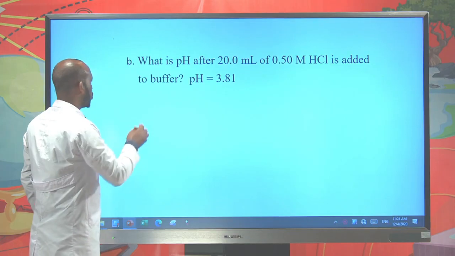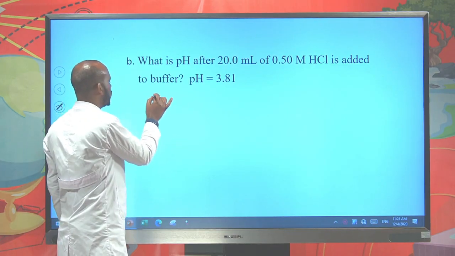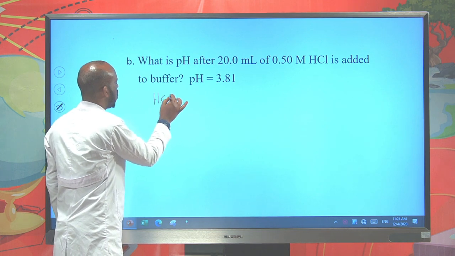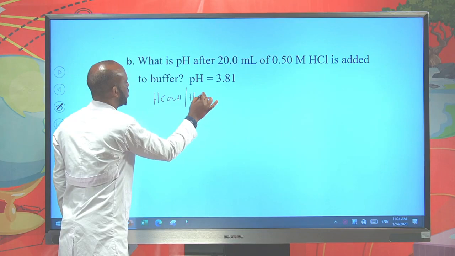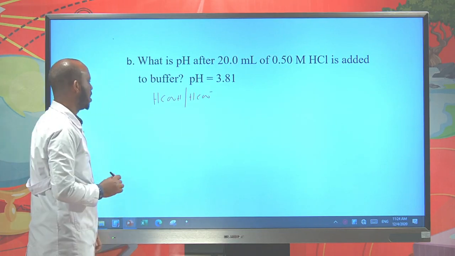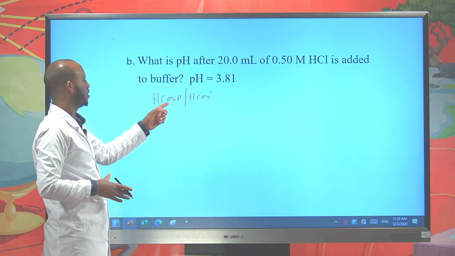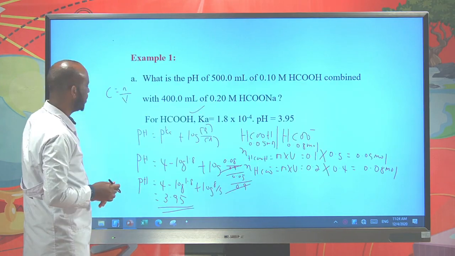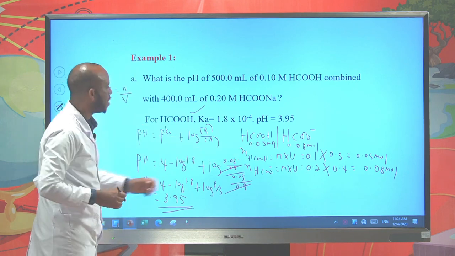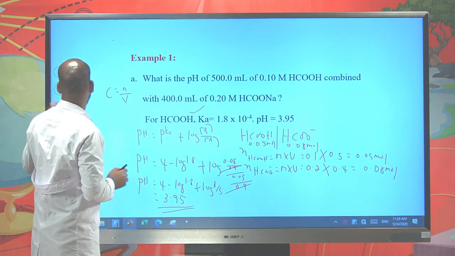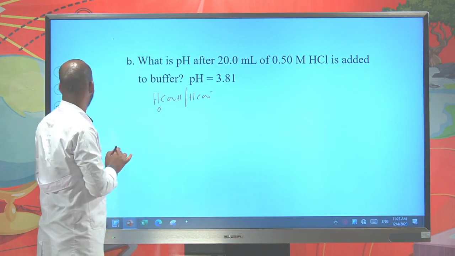Now, this buffer solution contains the weak acid, formic acid, HCOOH, and its conjugate base, formate, HCOO minus. The amount of formic acid is 0.05 and the amount of formate is 0.08.